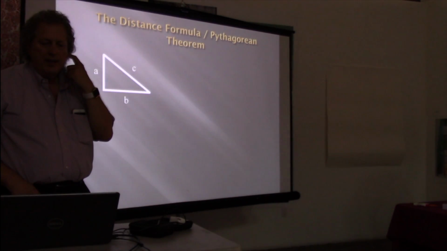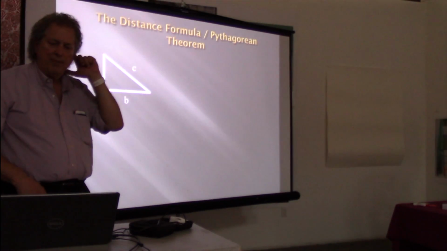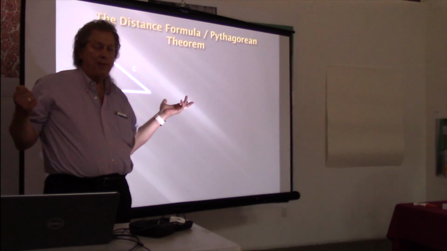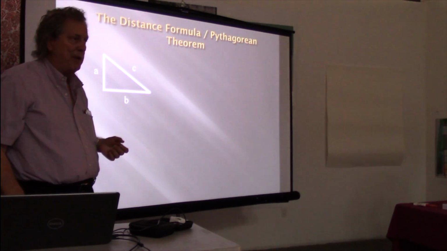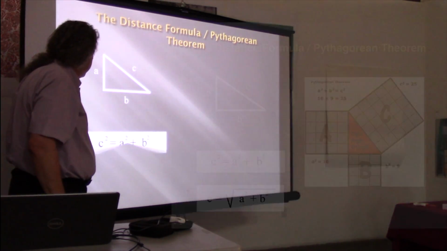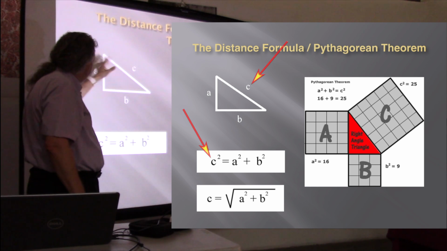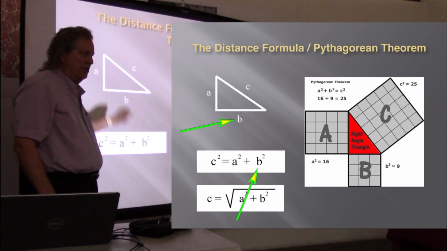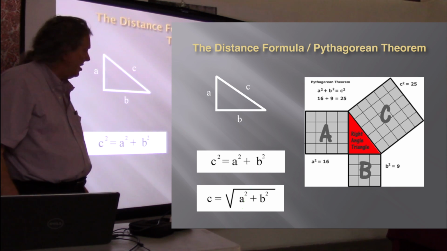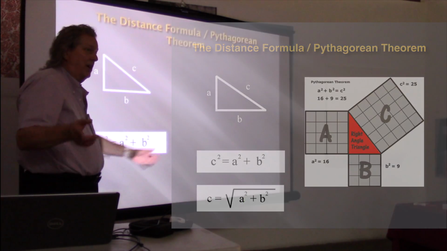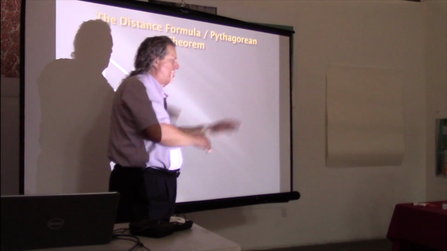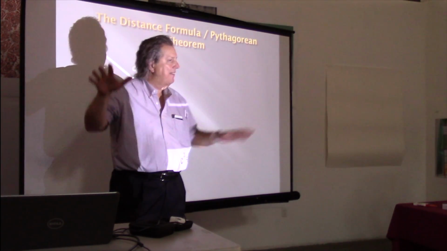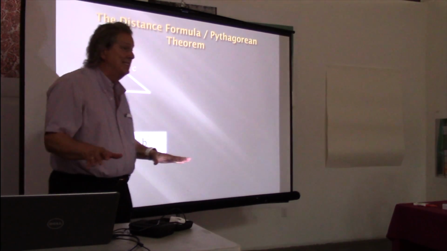So I want to talk a little bit about the distance formula, but before we can do that, let's talk about the Pythagorean theorem. You all remember the Pythagorean theorem, which says that the square of the hypotenuse is the sum of the squares of the other two sides. A while ago we talked about an equation: if you do something to one side of the equation, you have to do it to the other side for it to make sense.